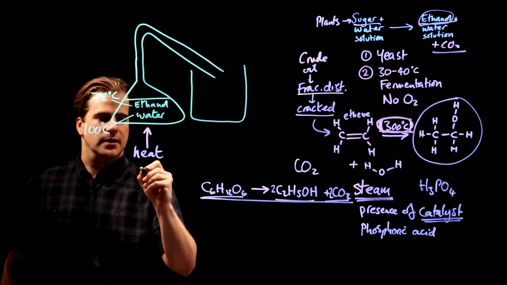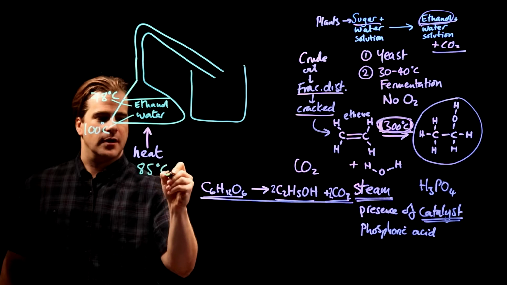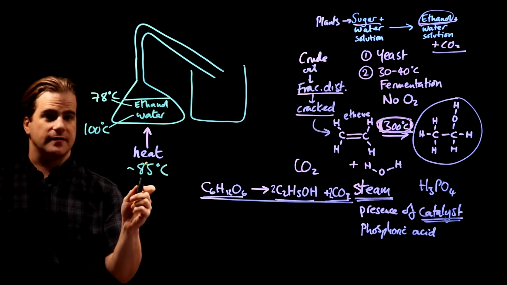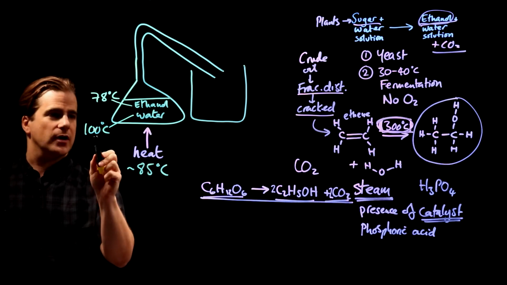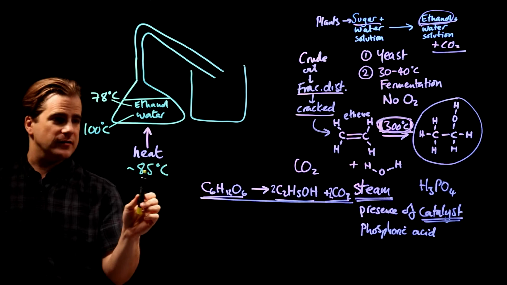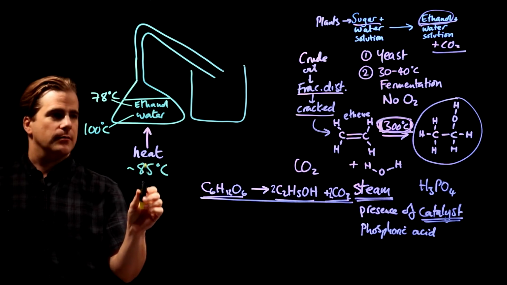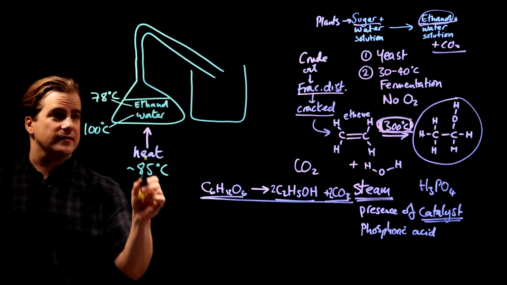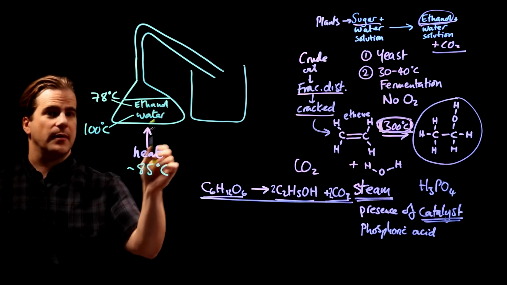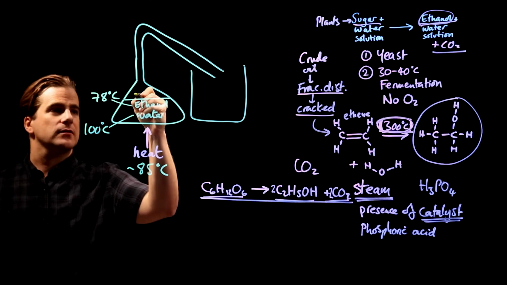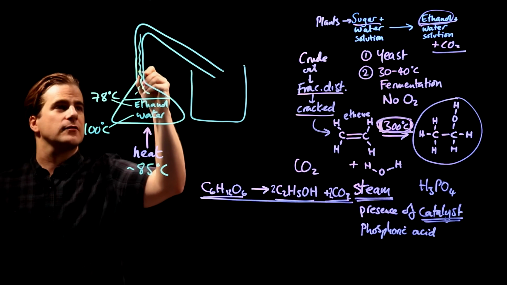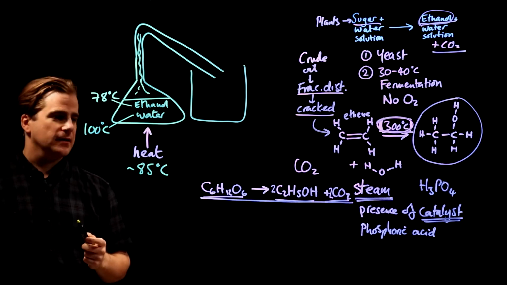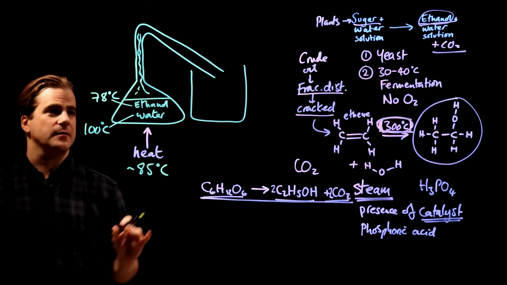Let's say about 85 degrees C is a reasonable heat, because at that temperature the water is still a liquid because it's below its boiling point, but the ethanol has vaporized. It's turned into a gas because it's above its boiling point. So the water remains here and the ethanol is a gas and goes up here. It's clever, right? Explaining that will get you the 2nd mark.